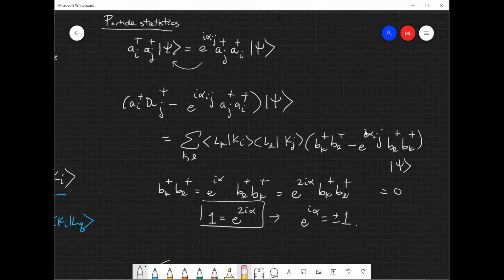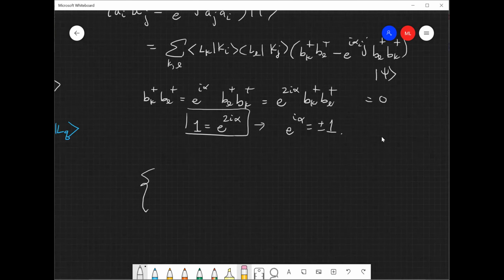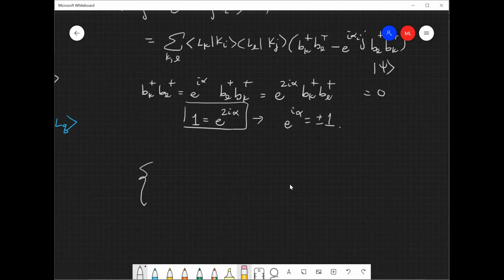If this is just 1, then this difference has to be equal to 0, so that means the operators just commute. So in the case that they commute, the same argument holds for the annihilation operators.